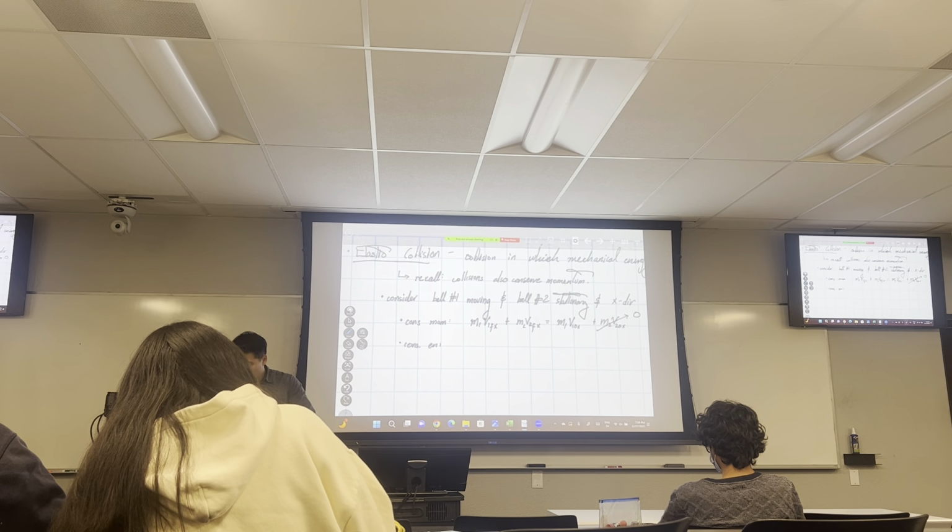This is equal to 1/2 m1 v1 naught squared plus 1/2 m2 v2 naught squared. And as before, the initial speed of object 2 is 0, so we can reduce it to that.